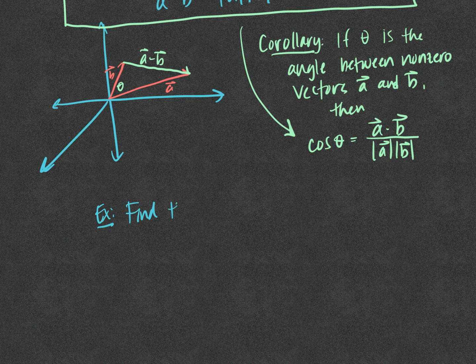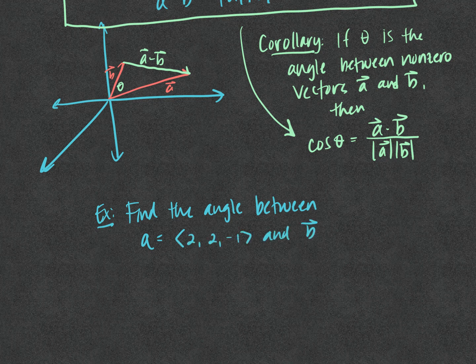It was just plugging things in. Okay, find the angle between vectors A and B. A equals the vector 2, 2, negative 1, and vector B equals 5, negative 3, 2.